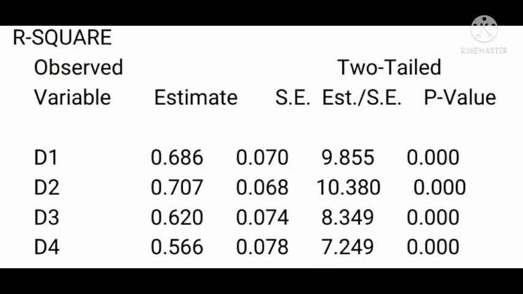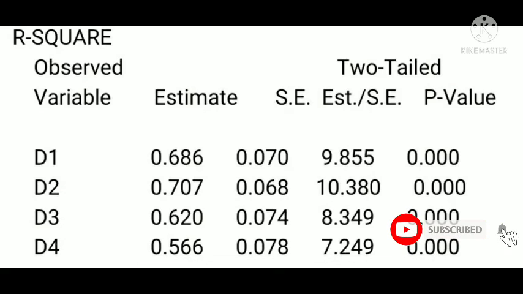R square values show the square values of factor loading, or the communality or common variance of an indicator that is accounted for by the concerned factor.